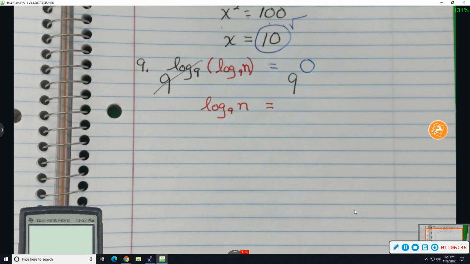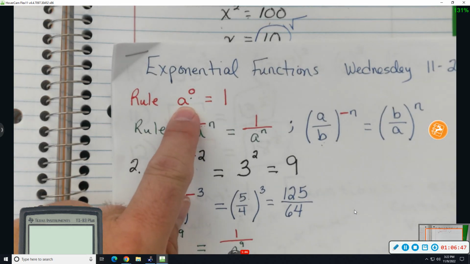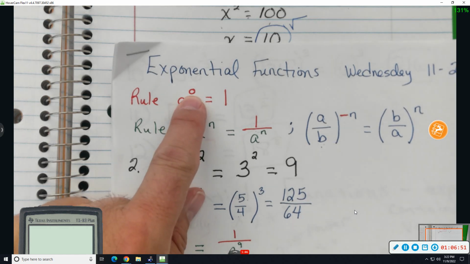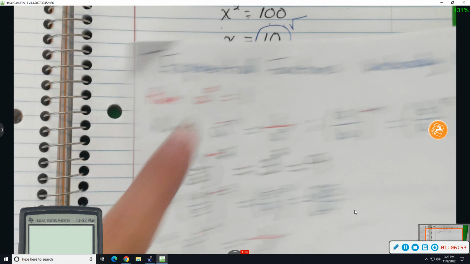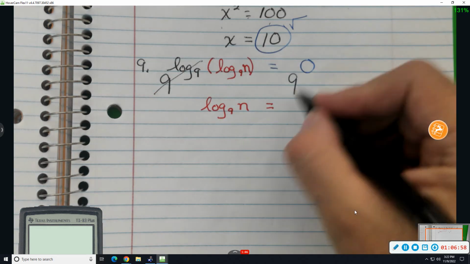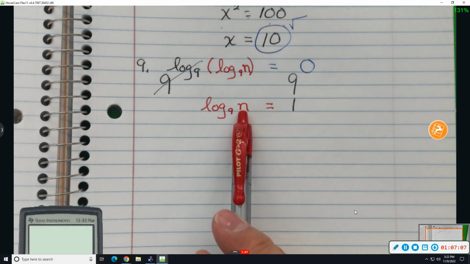Now be careful, don't say 0. What's 9 to the 0 power? We had that rule about 0 exponents from a week ago. Anything to the 0 power is 1. So that 9 to the 0, we write as a 1. We're trying to get the n by itself.